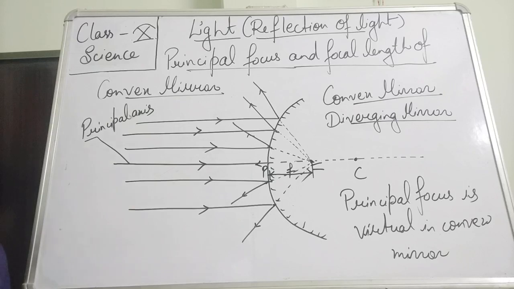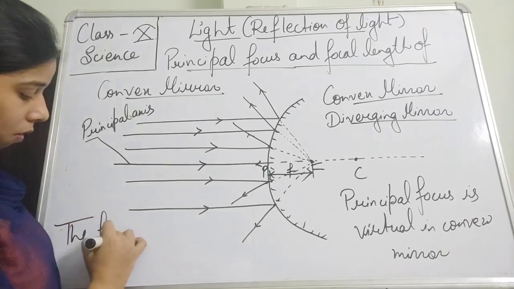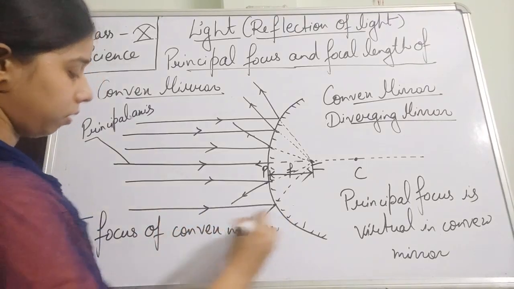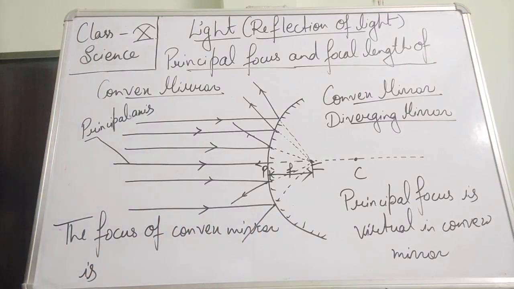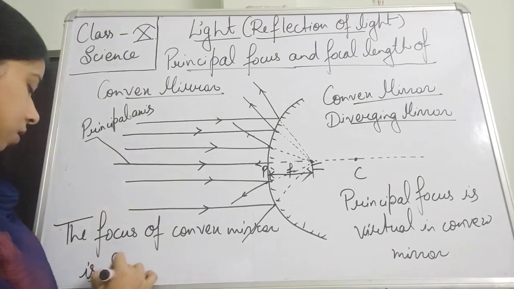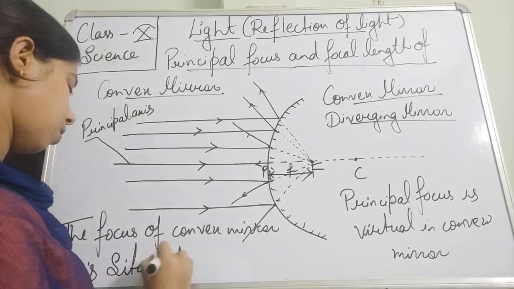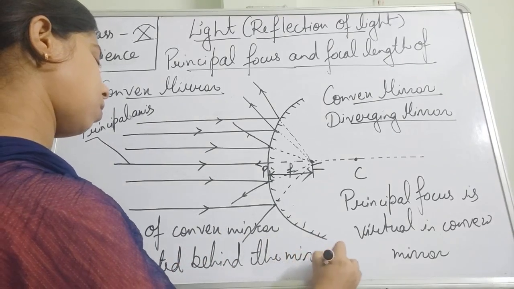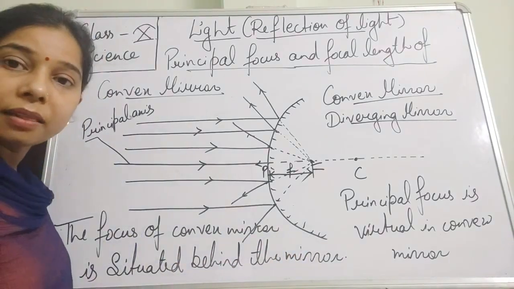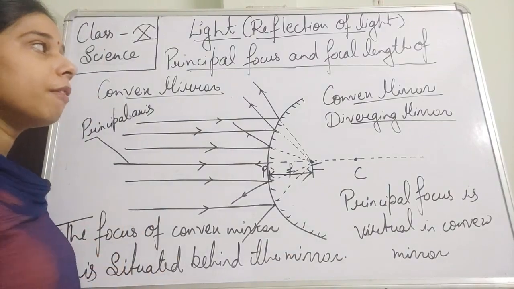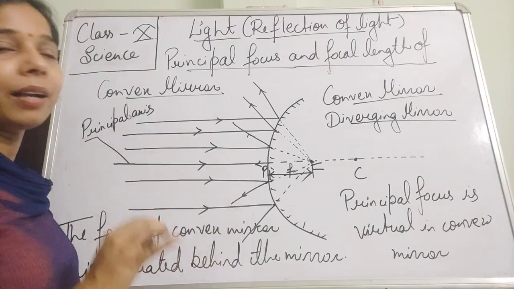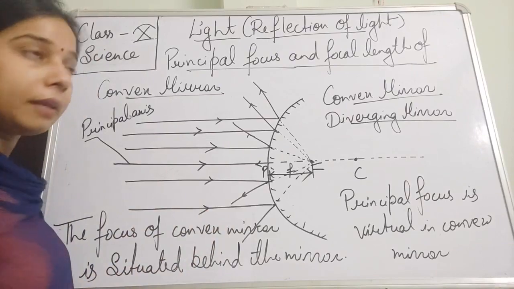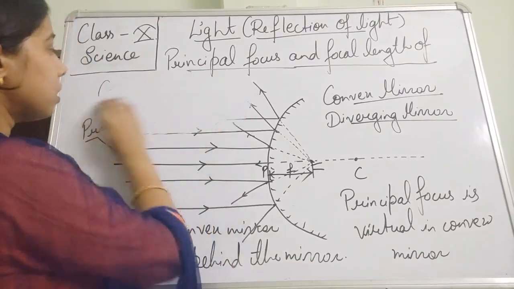The focus of the convex mirror is situated behind the mirror. So this is the principal focus of the concave and convex mirror. I hope you have understood how the principal focus is formed in both of the spherical mirrors.